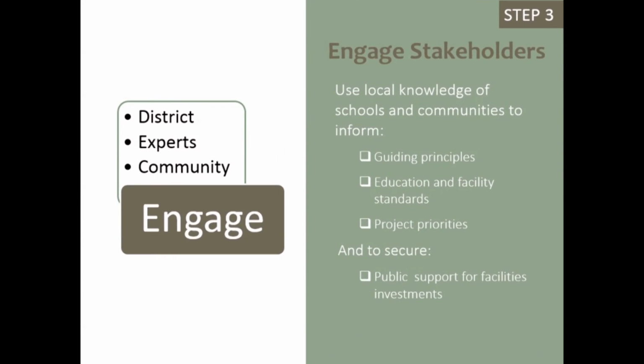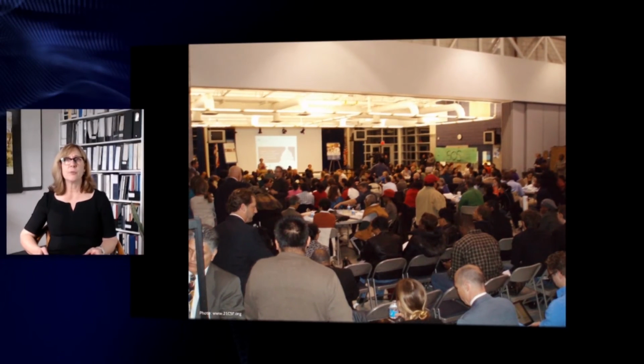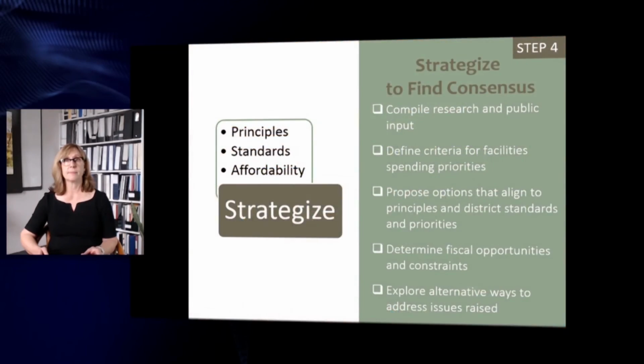Step 3 involves an extensive public engagement process with the advisory committee, parents, school staff, students, public officials, and community members. Public engagement is critical to raising issues and exploring options when developing an effective facilities master plan. Many public meetings will be needed, and a variety of communication venues should be used.